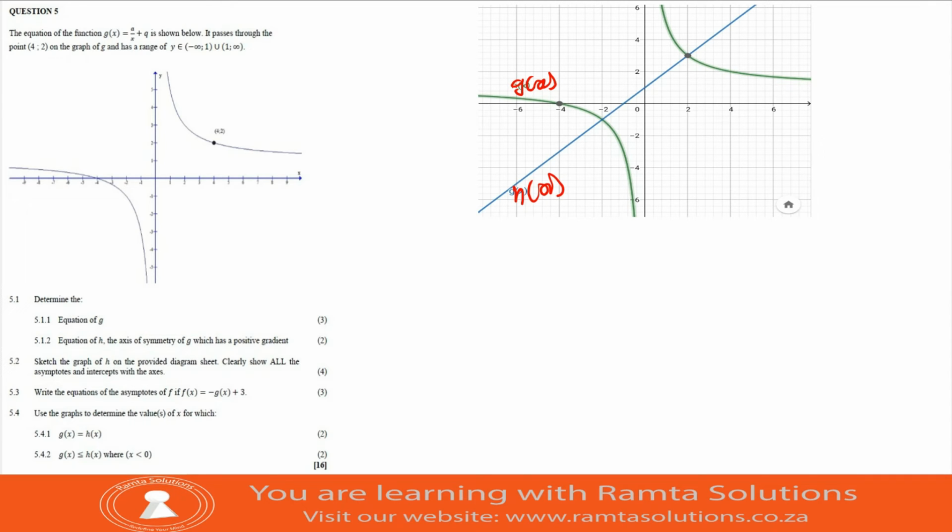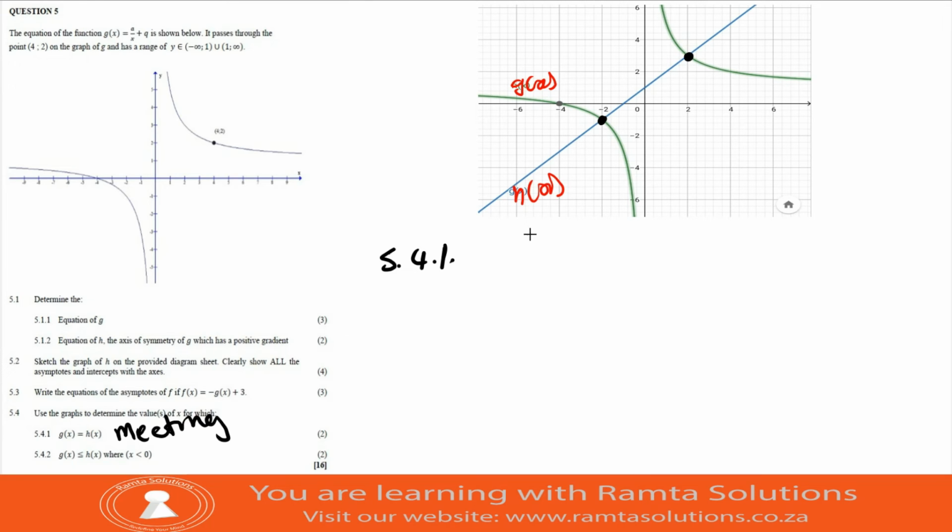Okay. Now, to answer the question, let's answer question 5.4.1. It says, use the graph to determine the values of x for which h of x is equal to g of x. Remember, when they say h of x is equal to g of x, they mean where the graphs are meeting. Where the graphs are meeting, it is at this point here, and it is also at this point here.